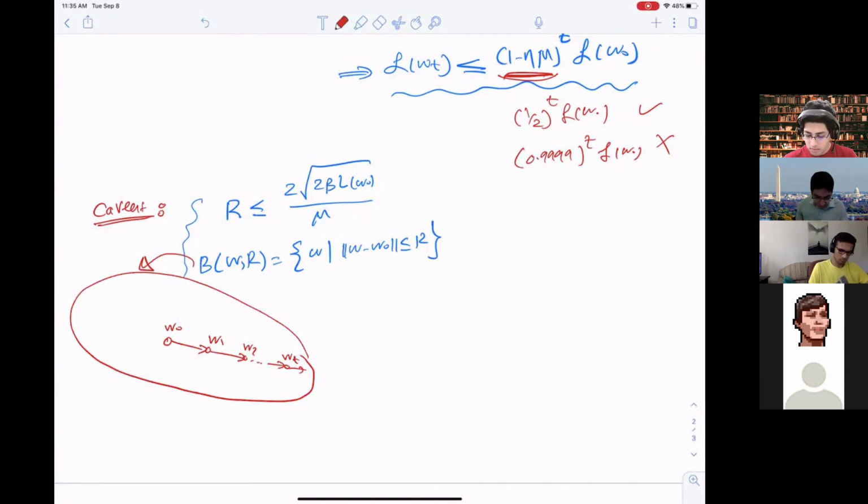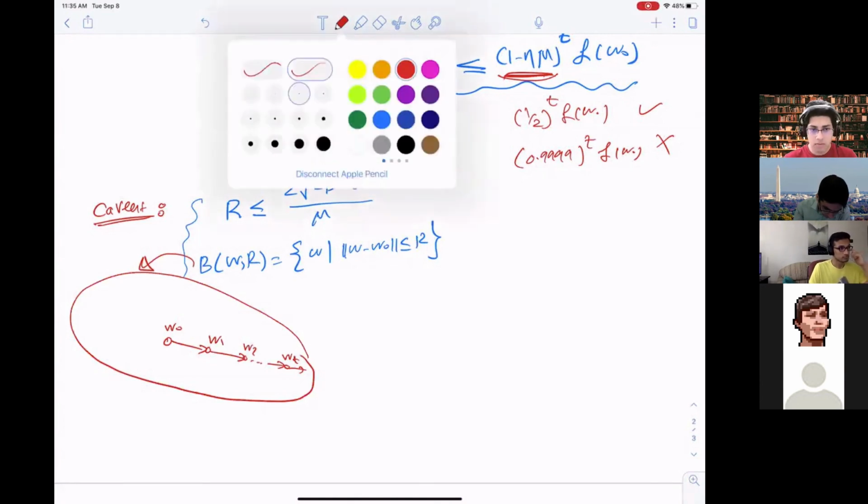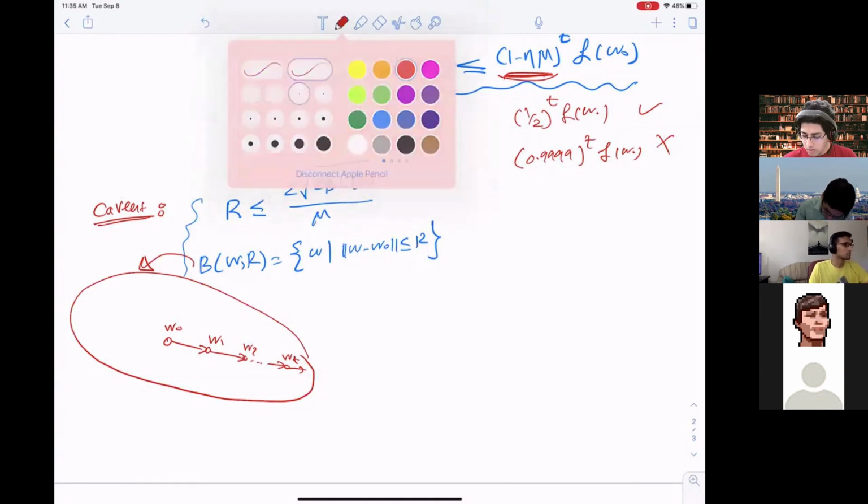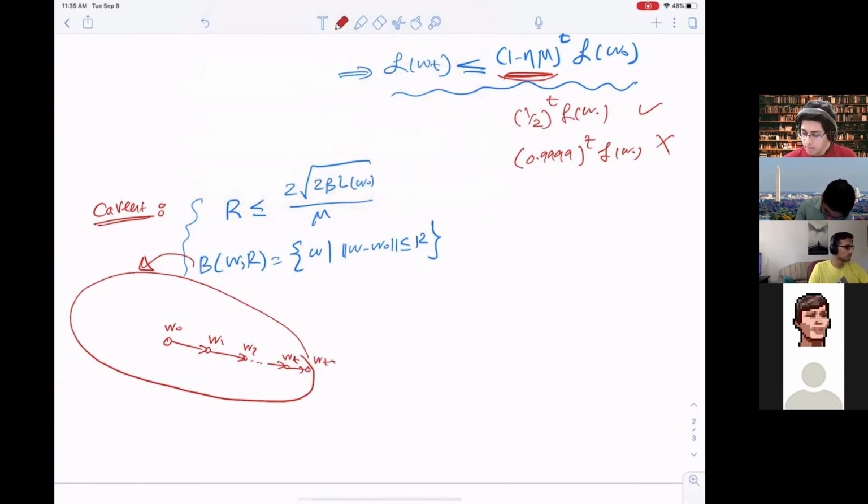But there is an interesting trade-off that is in fact happening. If you look at the length of one of these steps, let's look at the step between WT plus 1 and WT. What is this vector?